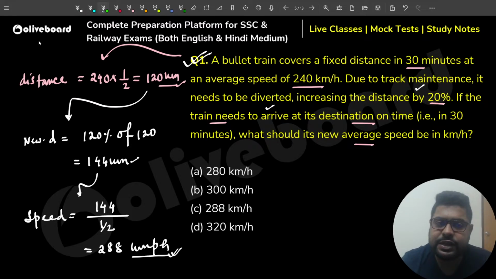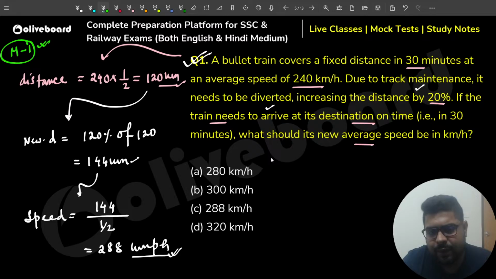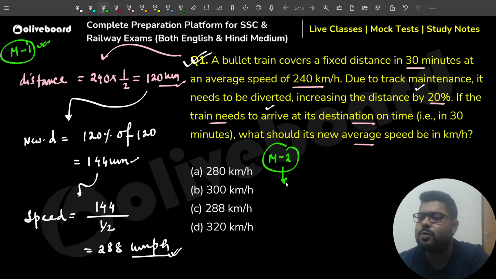Now this is the traditional way of solving this. That is method number one. Now let me come to the shortcut. Again, shortcut meaning not formula based. Think normally, sir. If the time is constant here, if time has not changed, but distance has increased, distance has gone up by 20%.